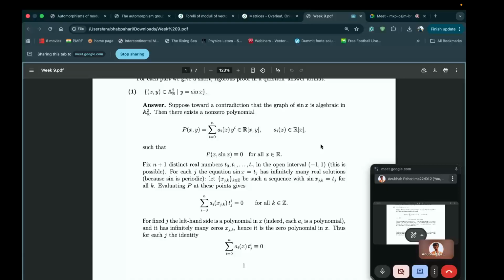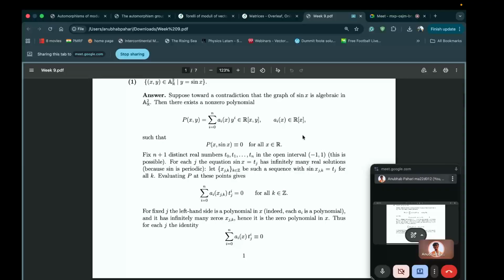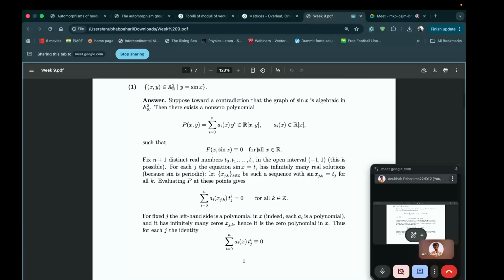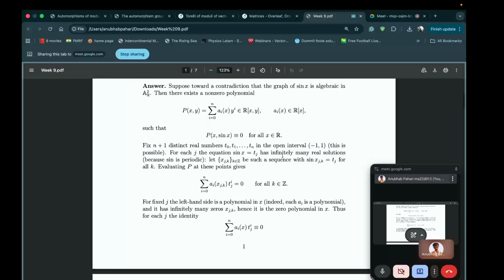That means we are writing it as a polynomial in y, where coefficients are depending on x. The a_i(x) are coming from R[x], such that p(x, sin x) is 0 for all x belonging to R.